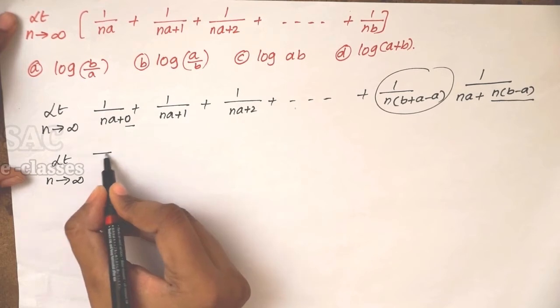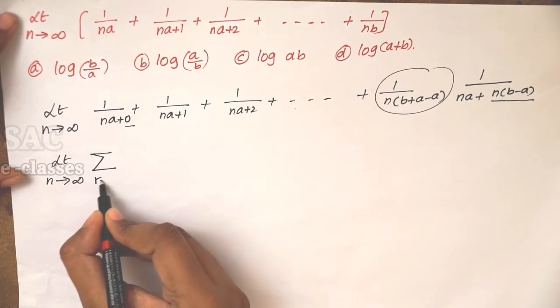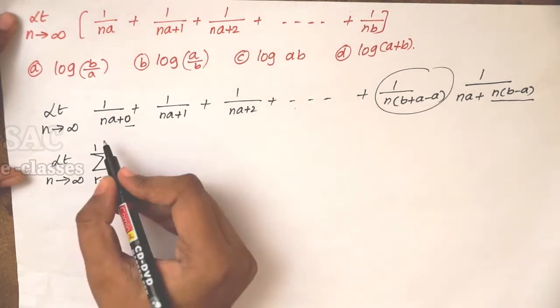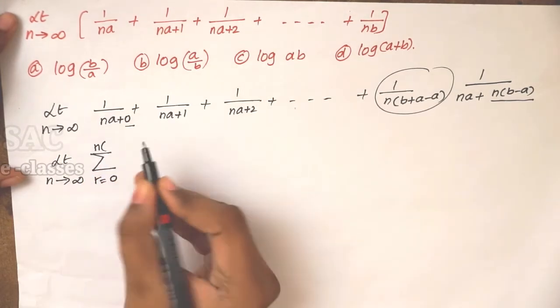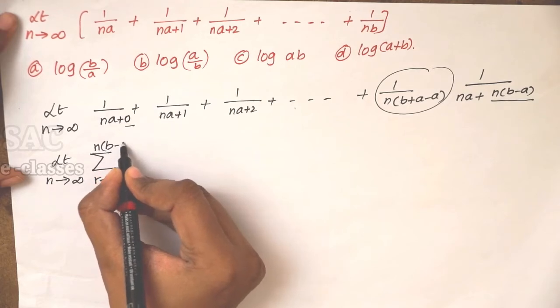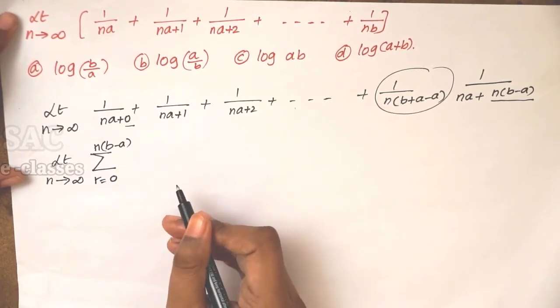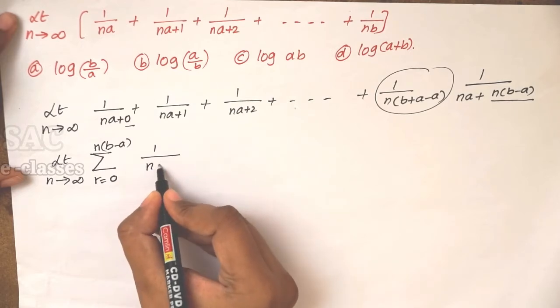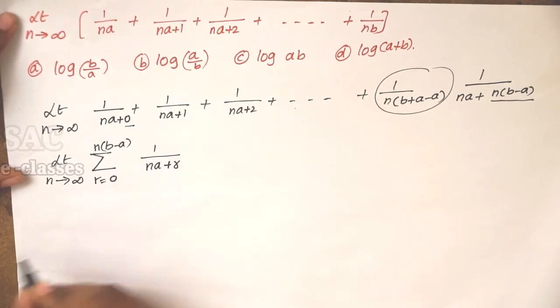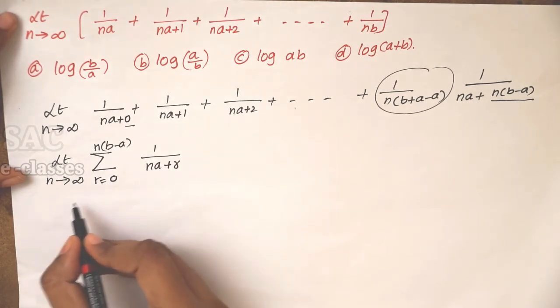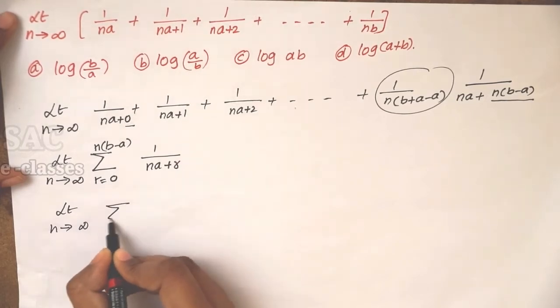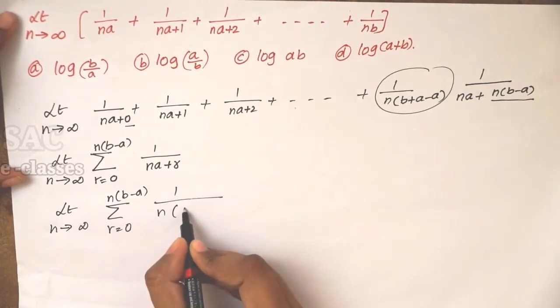Limit n tends to infinity, sigma r equal to 0 to n into b minus a, 1 by na plus r. Now what we will do: here 1 by n is missing, so to get that, take out n as common.